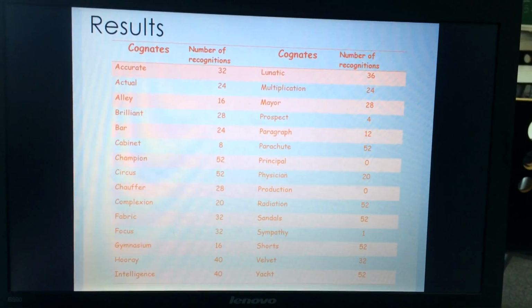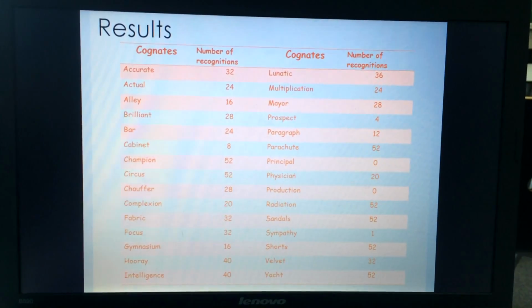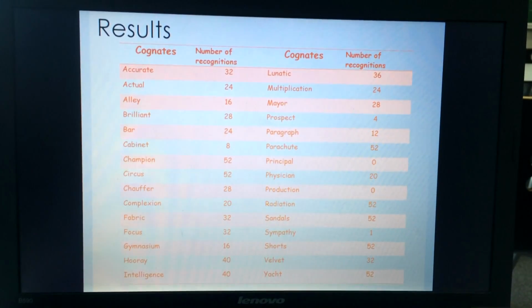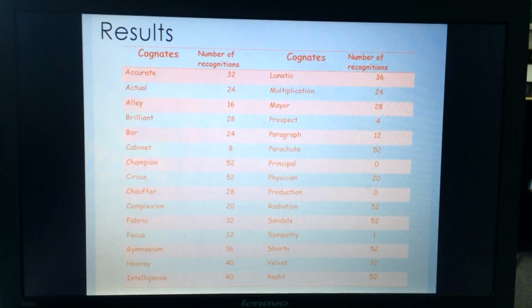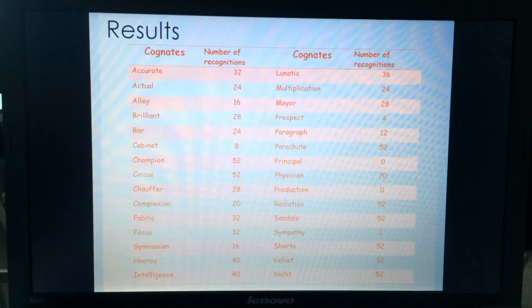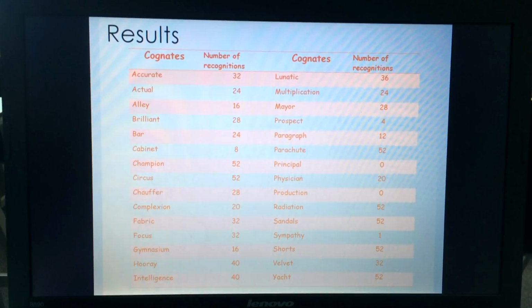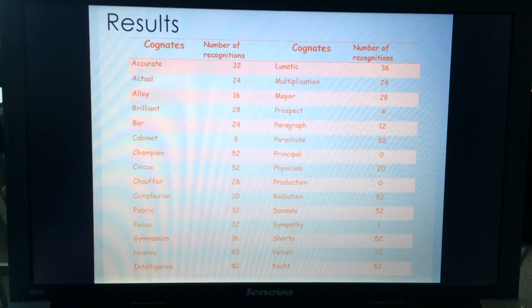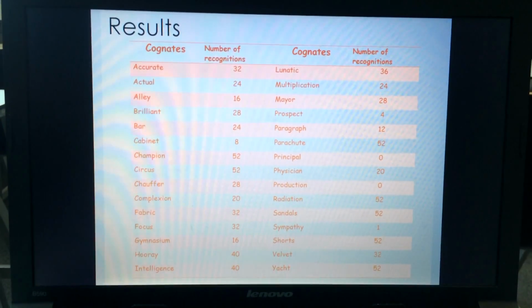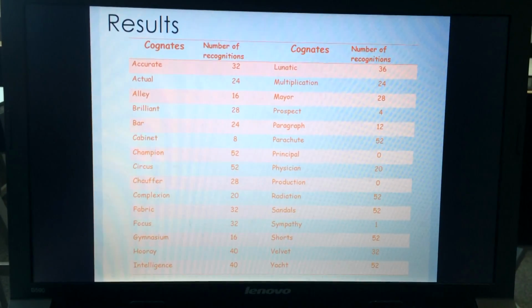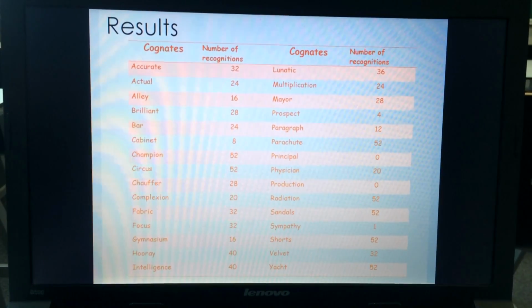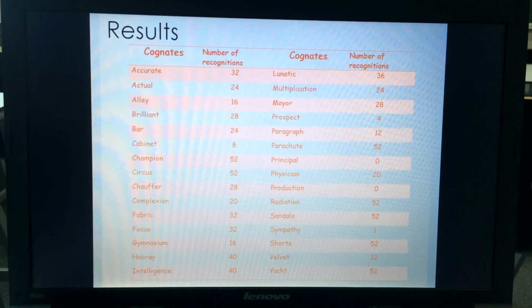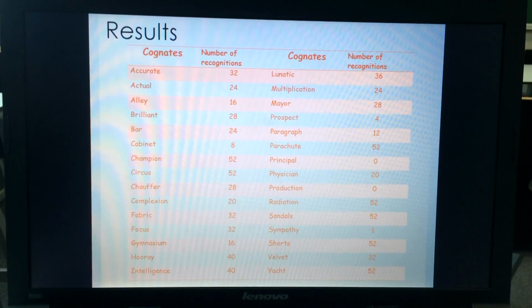Analyzing these materials, there are several conclusions from this study. Even future English language teachers cannot recognize most of the false friends. Only 22 participants could recognize the true cognate pair. No one can recognize such false friends as principal and production.